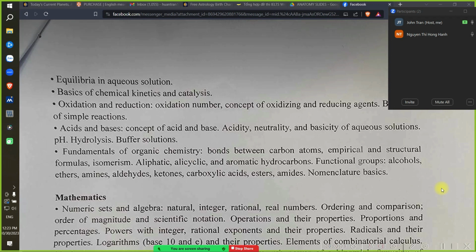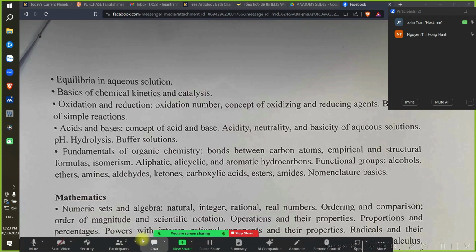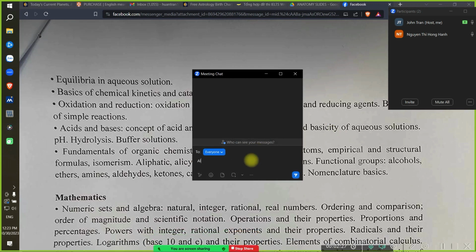Of course you should be, because they are so weird, right? Let's start first with alkane. Alkanes, then we have alkene and then alkyne. So basically it's very weird.